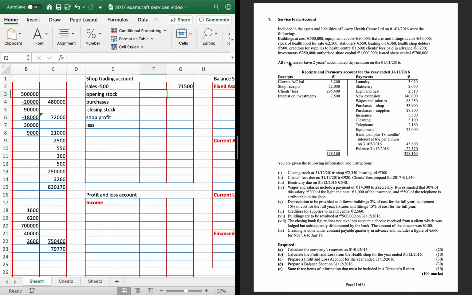All right, our opening stock for the shop is 2,500. Our purchases for the shop is 33,900. Now I'm going to see there were definitely no creditors for the shop at the top. There's creditors for supplies, but that's different.